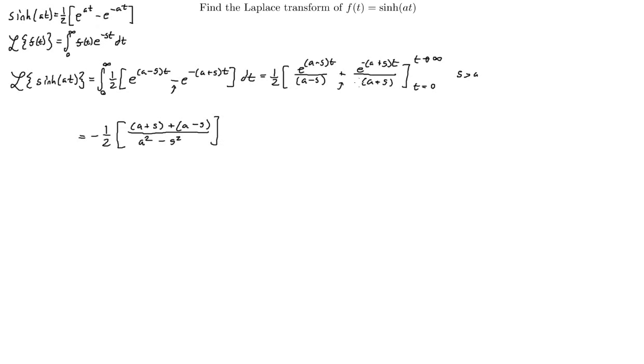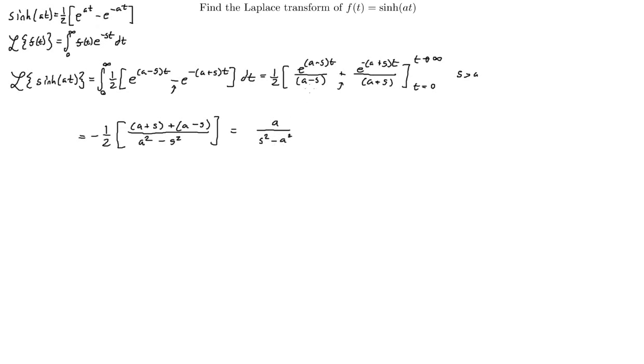If you square this out, we get a squared minus sa plus sa, and then we're going to have minus s squared, right? And we can bring down the negative in the denominator, and we can cancel out the s's, and we'll have 2a. So basically what that's going to result in is a over s squared minus a squared.